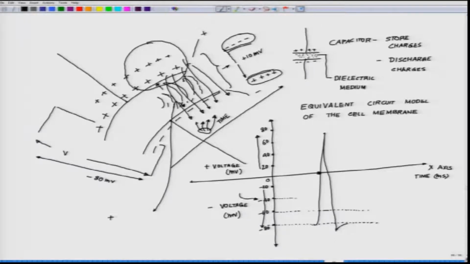A positive charge flux drifting or diffusing inside the cell very fast.